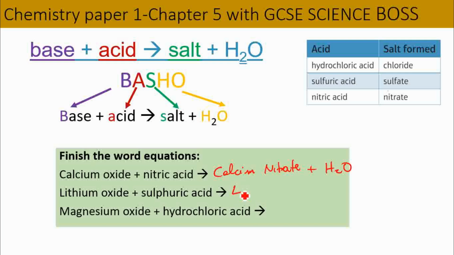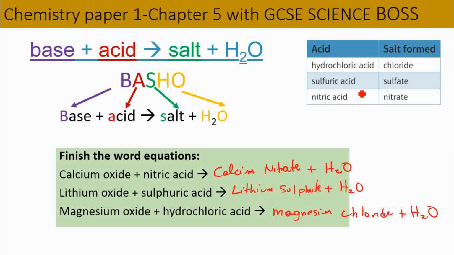Okay, so lithium sulfate and water, and magnesium oxide and hydrochloric acid is going to form magnesium chloride and water. Okay, again, need to know your acids. You can try writing the balanced equation for these.